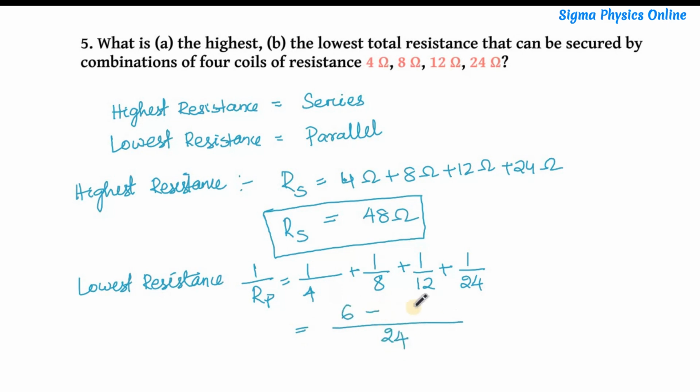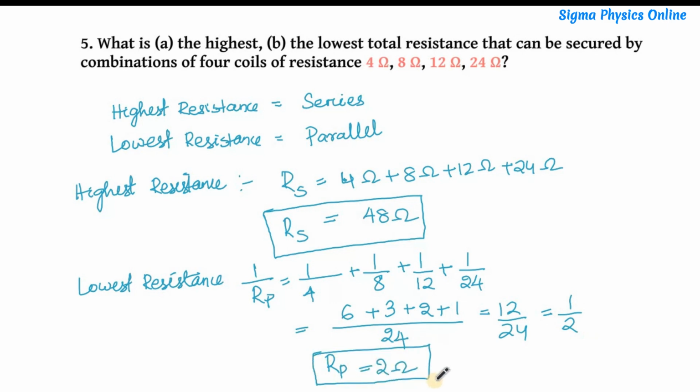It is 6 plus 3 plus 2 plus 1, which is 12 by 24, that is 1 by 2. Hence Rp is 2 ohm. So the minimum value of resistance which we will get by combining all these resistors is 2 ohm, and for that we have to connect all of them in parallel. So this is the answer to the fifth question.